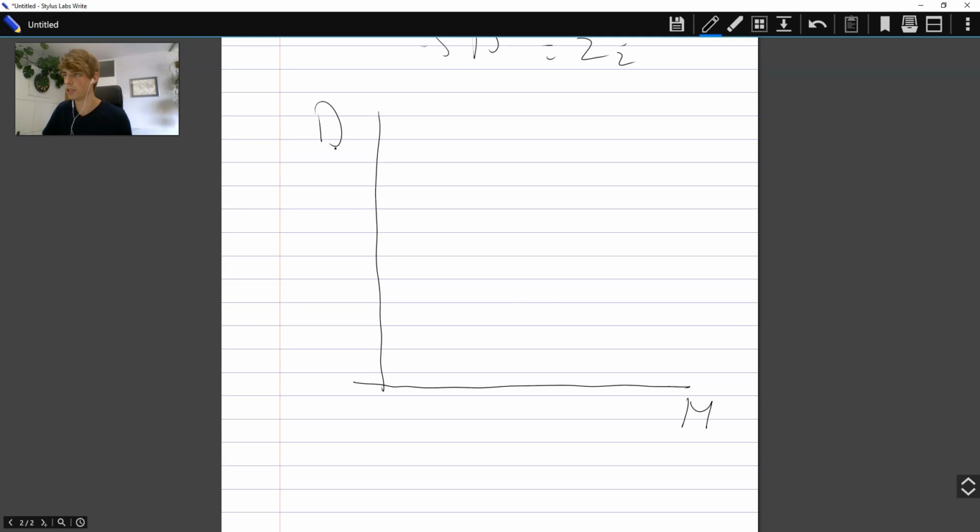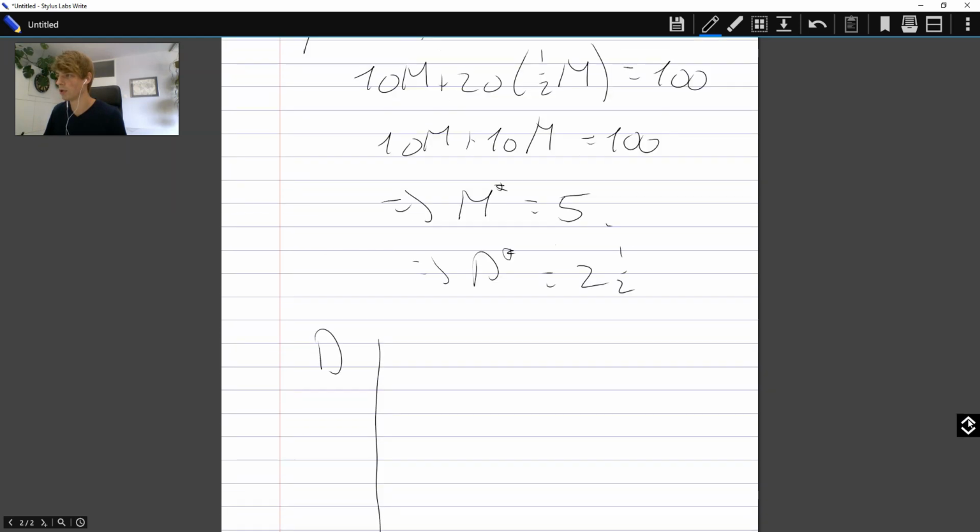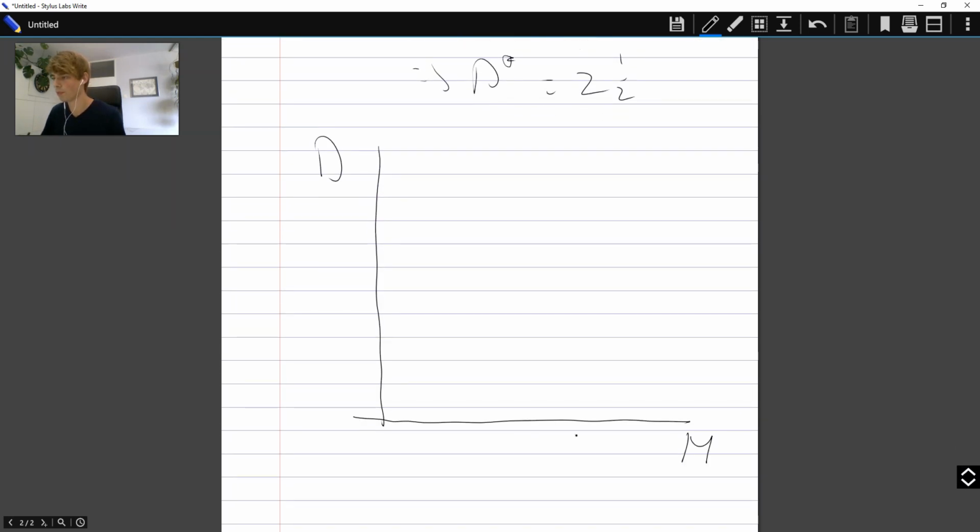So let's consider this plane again. If our income is 100, then we consume over here.